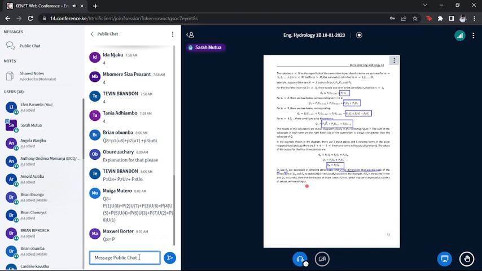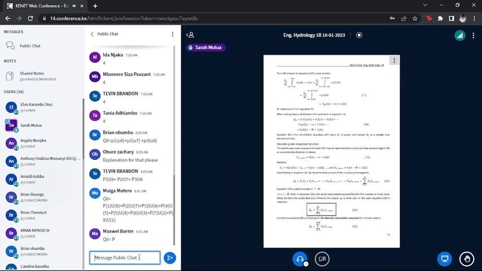The equation is Qn is equal to the summation over m equals 1 of Pm U of n minus m plus 1.